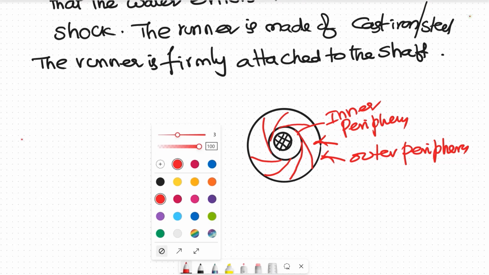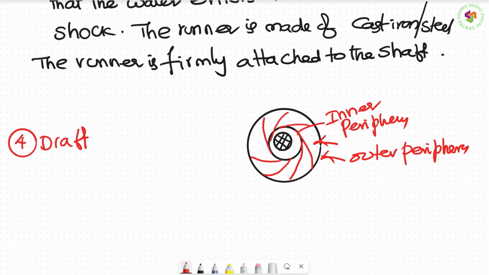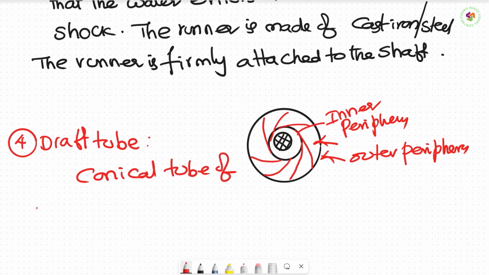The most important thing, the fourth one, is the draft tube. A draft tube is nothing but a conical tube of increasing cross sectional area.